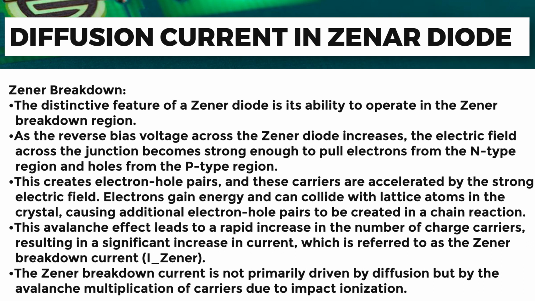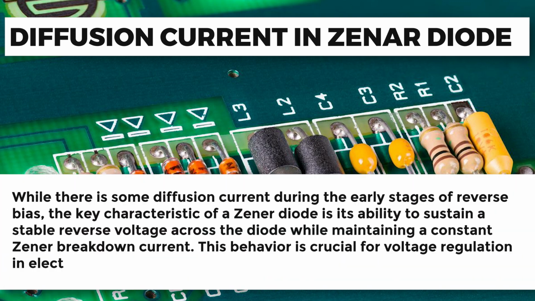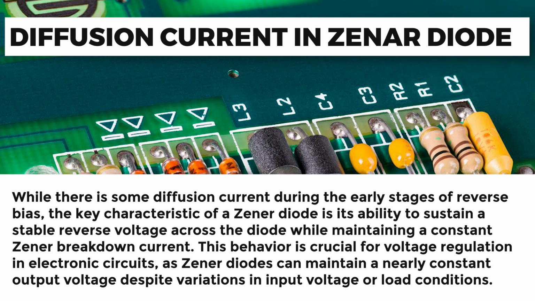The Zener breakdown current is not primarily driven by diffusion but by the avalanche multiplication of carriers due to impact ionization. While there is some diffusion current during the early stages of reverse bias, the key characteristic of a Zener diode is its ability to sustain a stable reverse voltage across the diode while maintaining a constant Zener breakdown current.